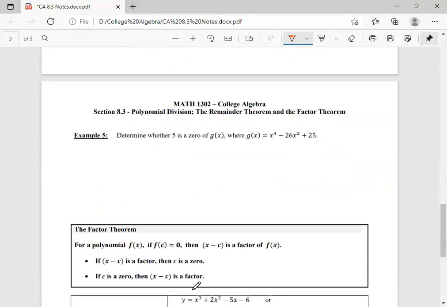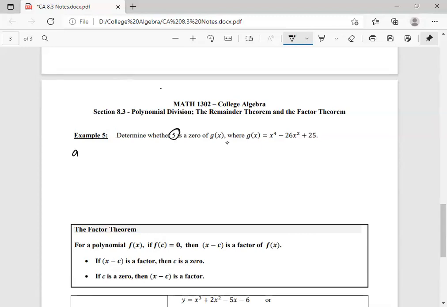So example 5, it says determine whether 5 is a 0 of g of x. So can I use synthetic division to do that? To determine if it's a 0? Absolutely, I can use synthetic division. If I get a remainder of 0, it's a 0. But I can also do what? Plug it in, right? I could say, well, let's see, is 5 a 0?